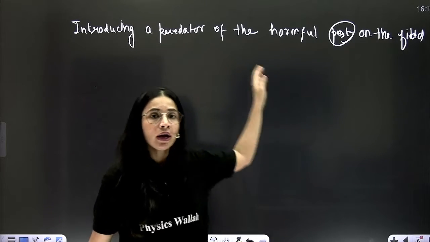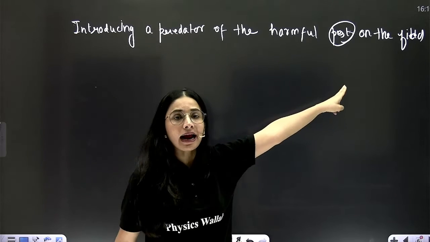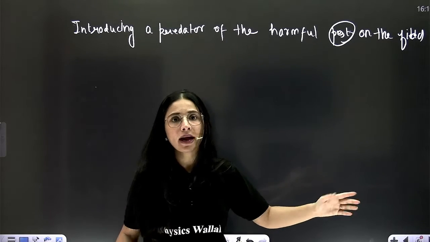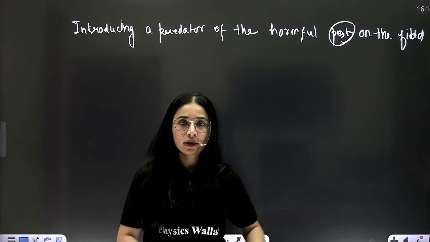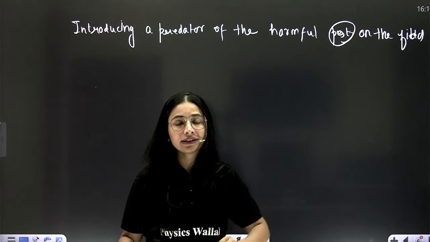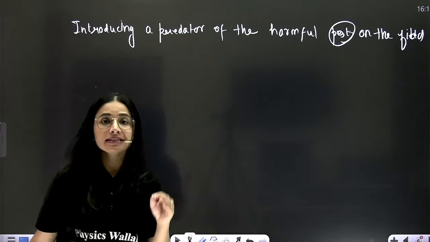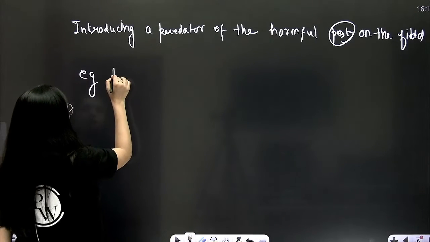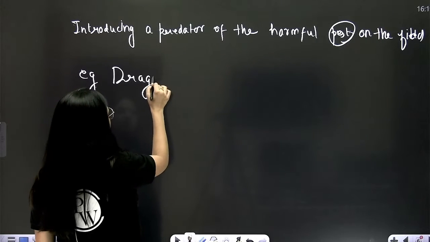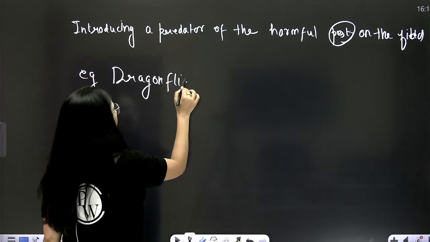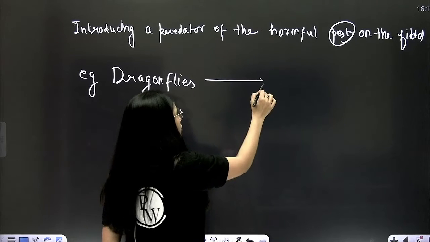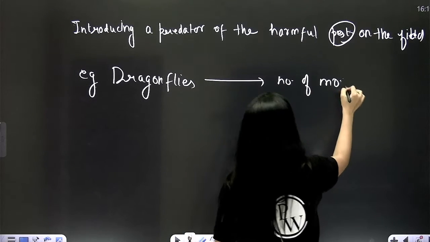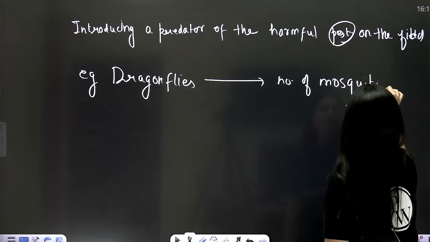It should not happen that this predator not only eradicates the pest from the field, but also attacks your crop and again you are at a loss. So the introduction of a predator in the field has to be done very wisely and smartly. For example, I have told you, dragonflies are the predator which controls the population of unwanted mosquitoes in the field.